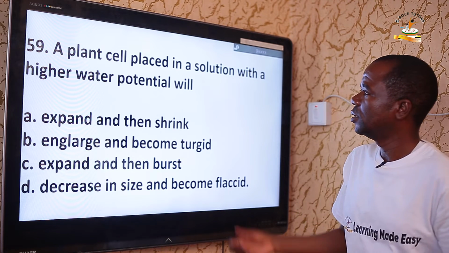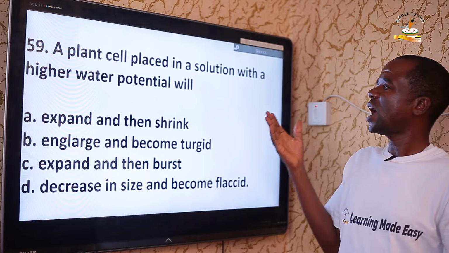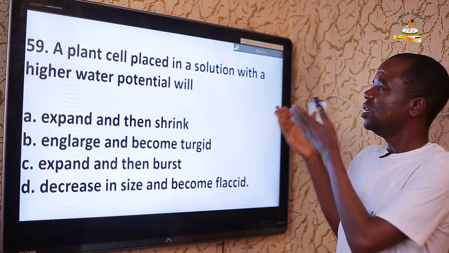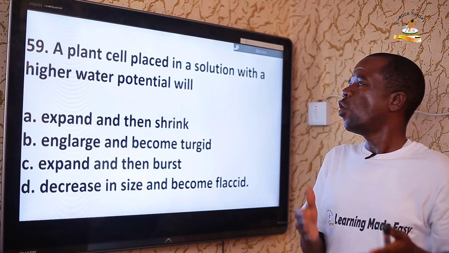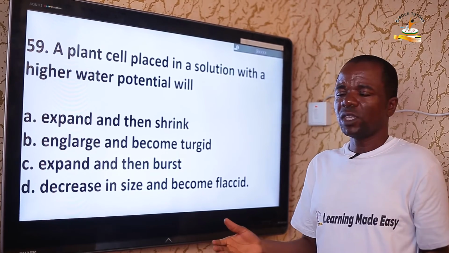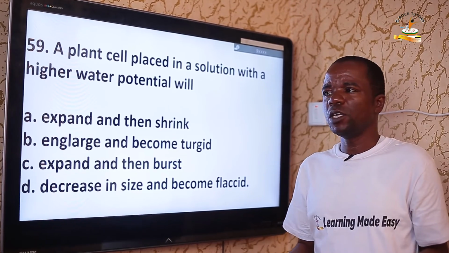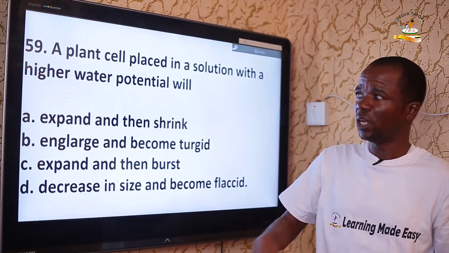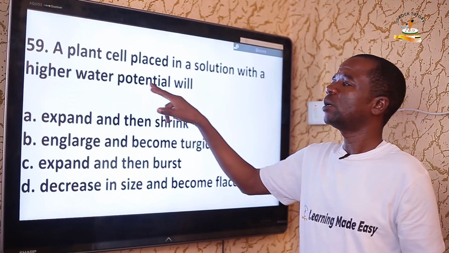Number 59. A plant cell placed in a solution with a high water potential will. Now, when a plant cell is placed in a solution with higher water potential, what it means in biological terms is a plant cell that is placed in a hypotonic solution. That is the meaning of the higher water potential.